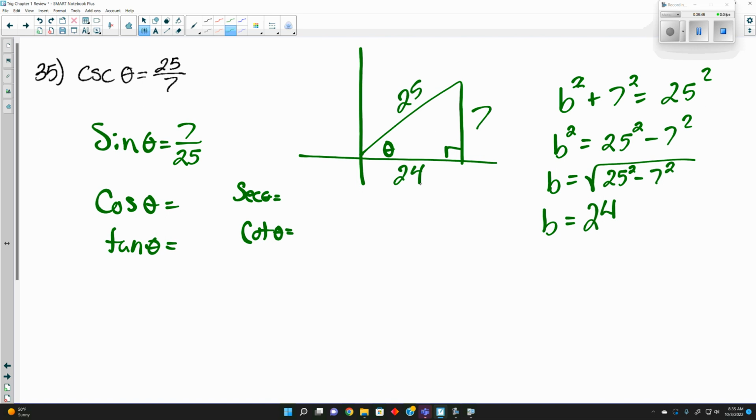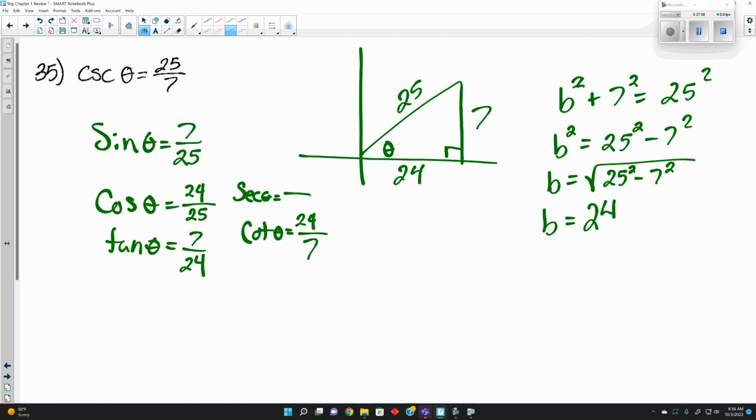Now we can use the opposite, adjacent, and hypotenuse to find the rest. So cosine is adjacent over hypotenuse, 24 over 25. Tangent's opposite over adjacent, 7 over 24. Cotangent's just the flip of tangent, so it's 24 over 7.